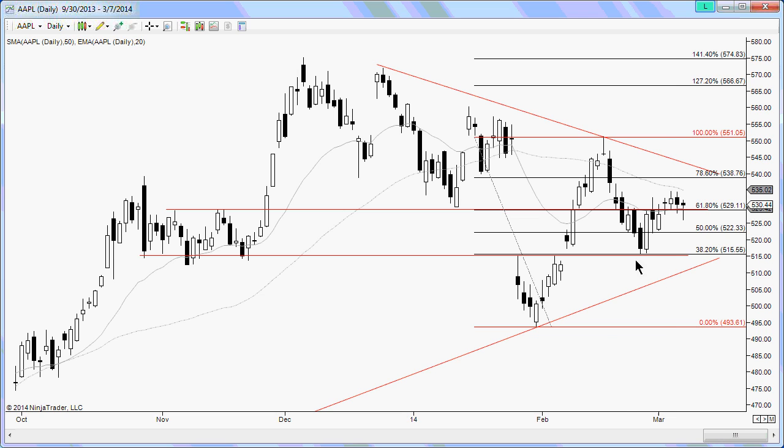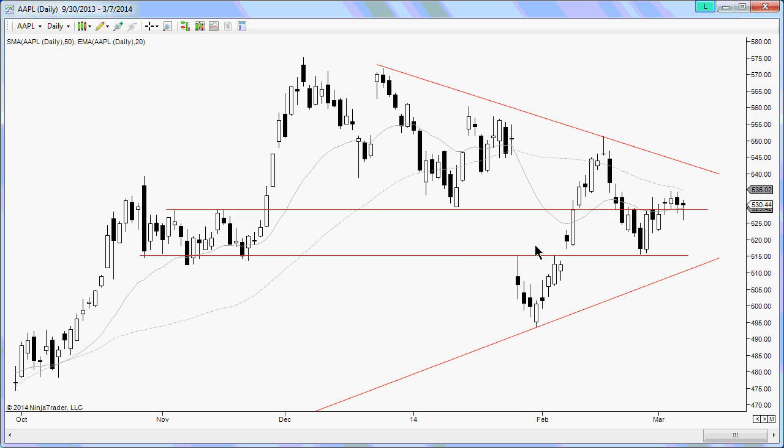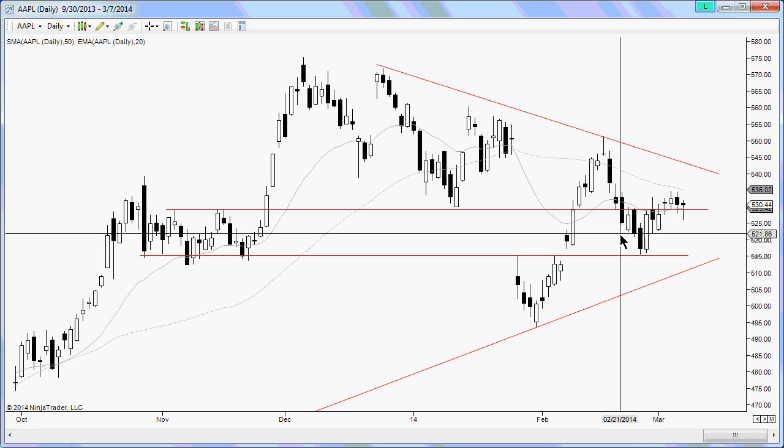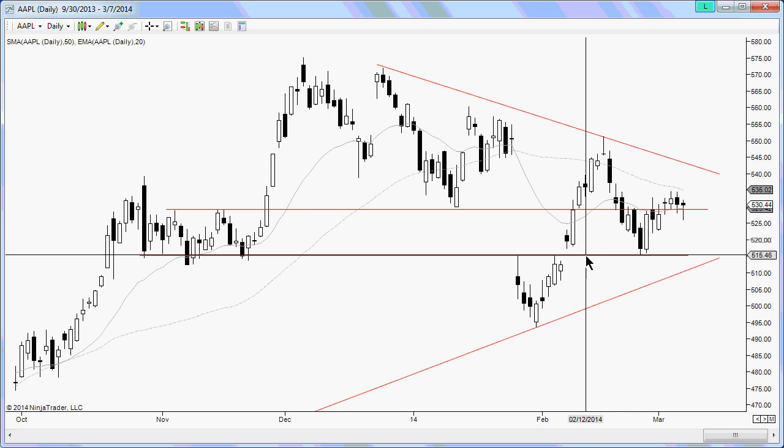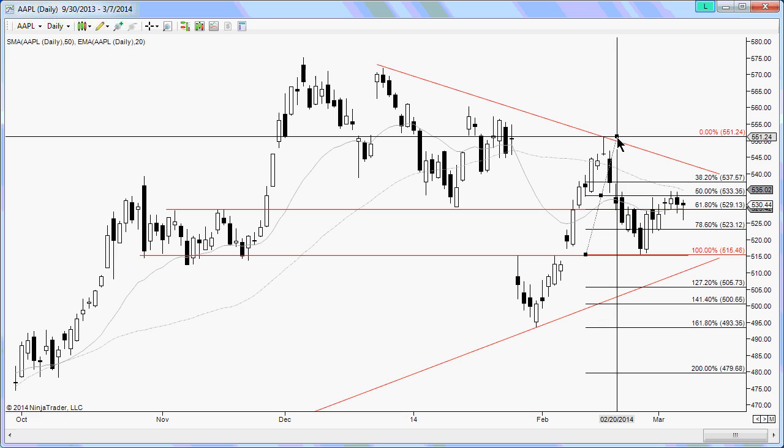Now let's flip it and take a look at the short side. Let me take this Fibonacci retracement tool, and now I'm going to look at this swing here. All right, so let me put in this Fibonacci tool here. Essentially, I am looking at this particular swing from this peak to this support level.